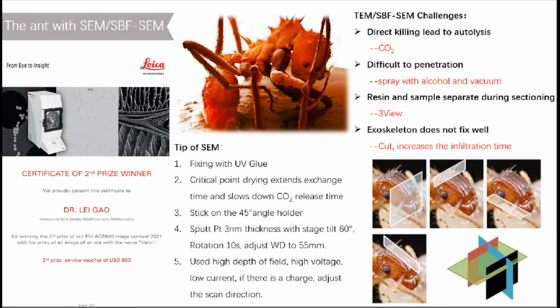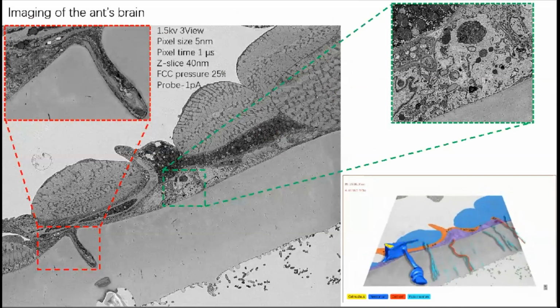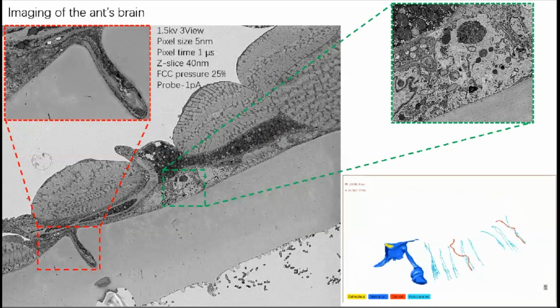I put the sample into chemical fixation in a vacuum, which increases the infiltration of the chemical fixation, at room temperature for 1 hour, and then overnight at 4 degrees, and processed it using the ROTO method. This method produced good data. Next, I gathered the images.